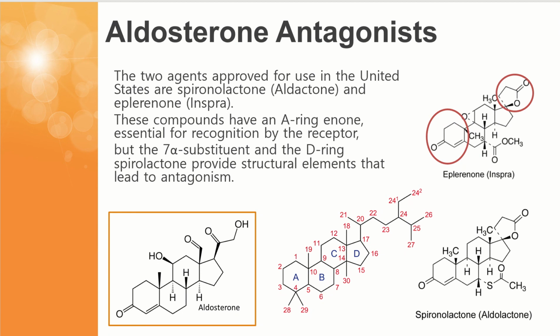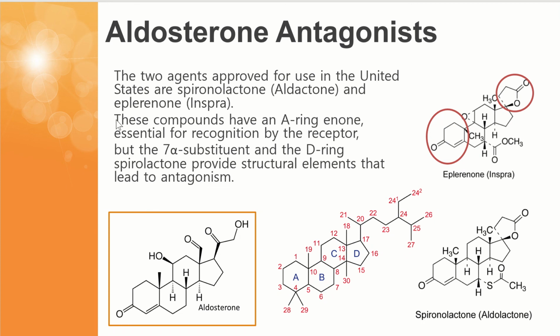So we mentioned already the two agents approved in the US. Here we have the structure of the two compounds approved in the US, and we have the structure of aldosterone here. So what you want to look at, guys, is similarities and differences in terms of structure.